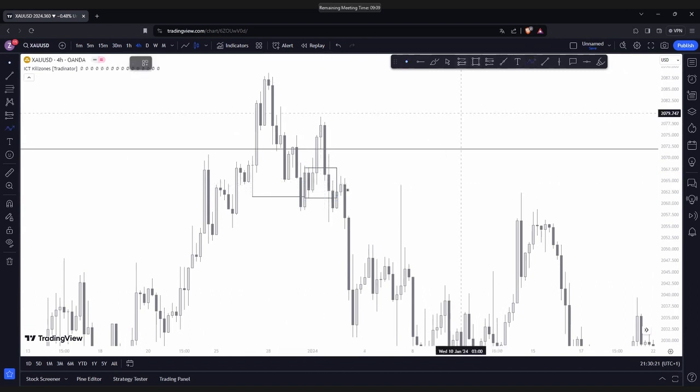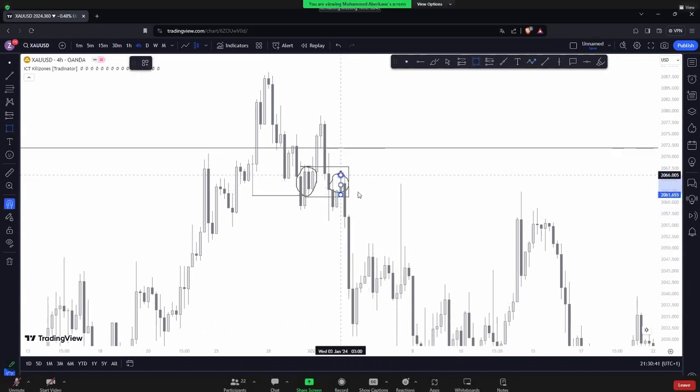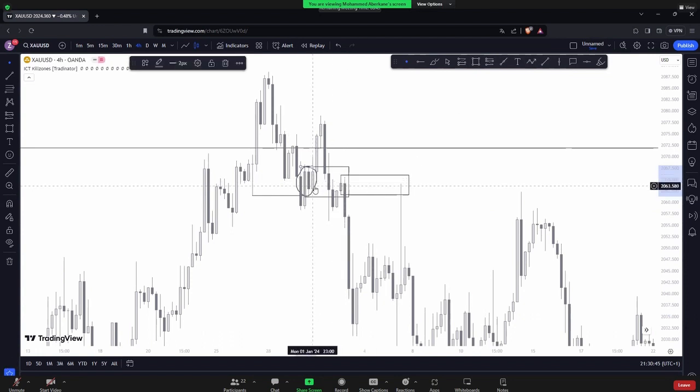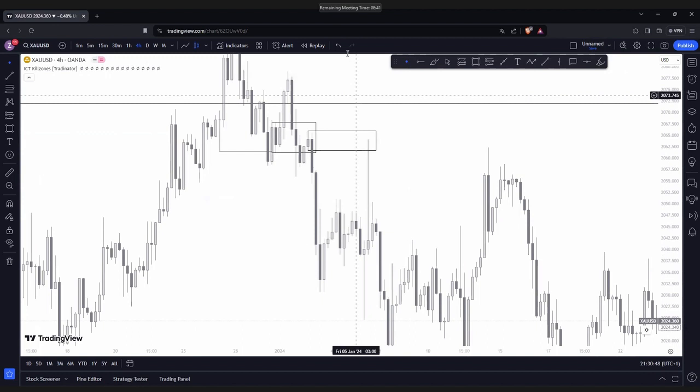So what happened here is low, high, low, price breaks, engulf fail, pullback to the engulf fail, and then goes down. How could you enter from here? You wait for an engulf inside the engulf fail. So this is the engulf fail, and this is the engulf. What type is this engulf? A normal rally engulf. So an engulf inside an engulf fail. Boom. Very low risk entry. Price instantly drops. Okay.